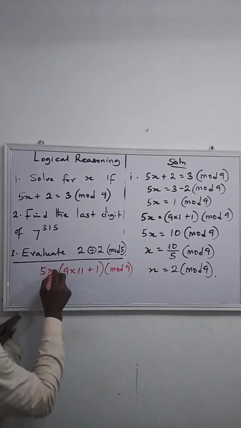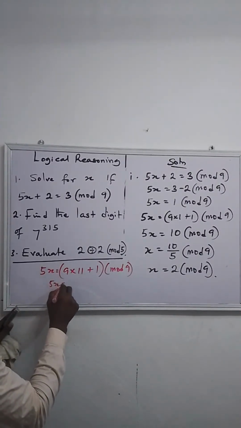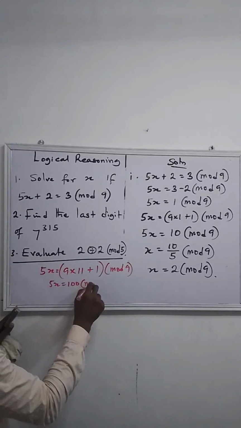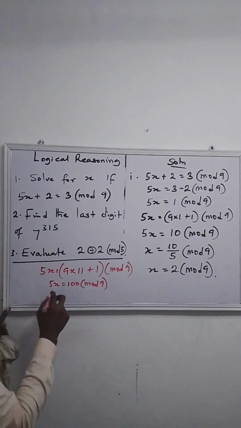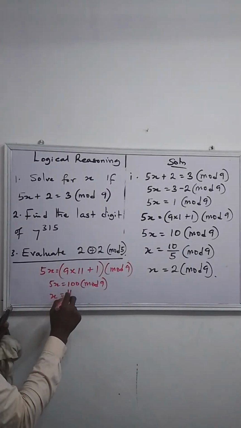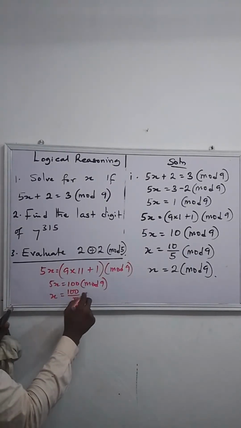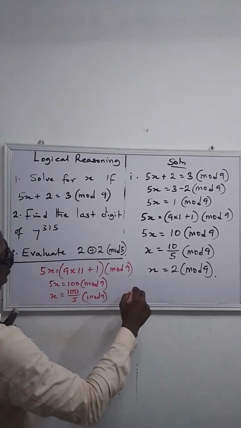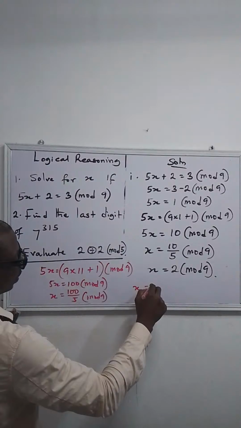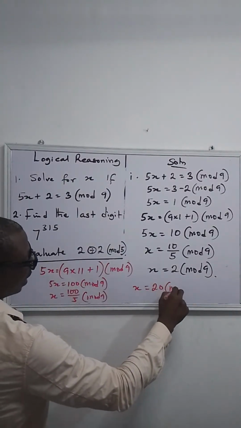So we have 5x equals 100 in mod 9. You divide both sides by 5. So we have x equals 100 over 5 in mod 9. What do we have? We have x equals 20 in mod 9.